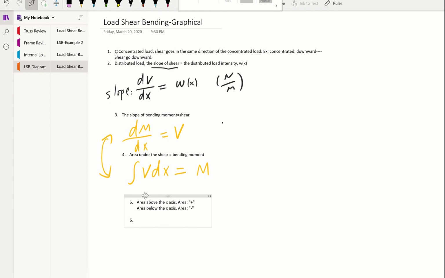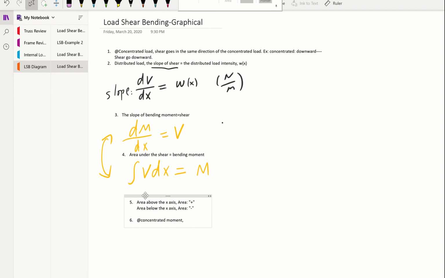So next rule, if we have a concentrated moment now instead of a concentrated force, check the video on load shear bending analytical 2.